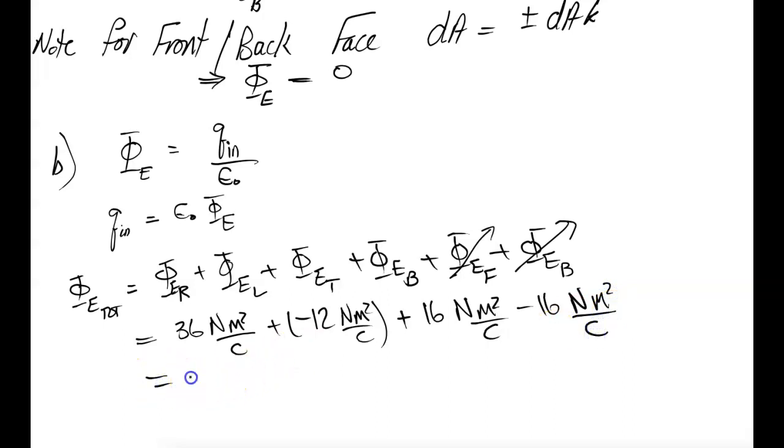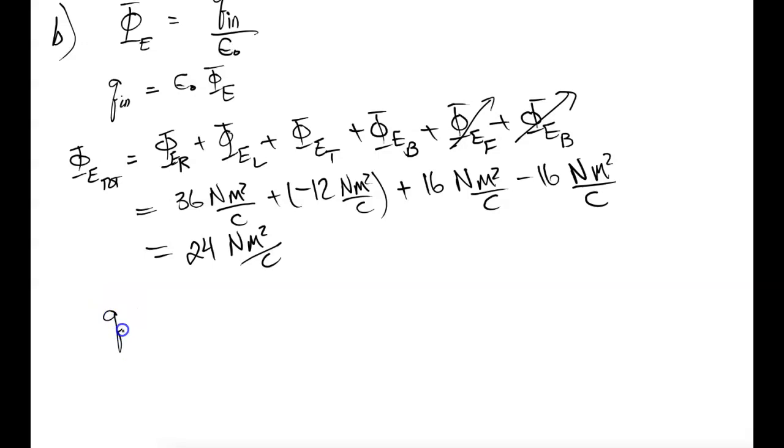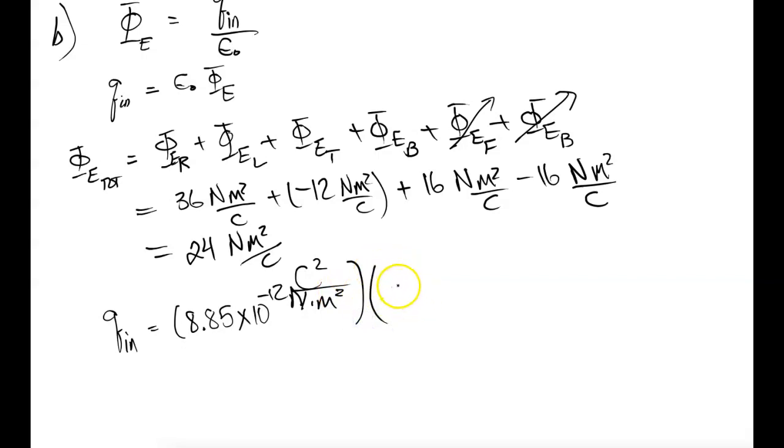So I get a flux total of 24 Newton meter squared per coulomb, which means that the enclosed charge is epsilon naught, which is 8.85 times 10 to the negative 12 coulomb squared per Newton meter squared, times the flux, which is 24 Newton meter squared per coulomb.